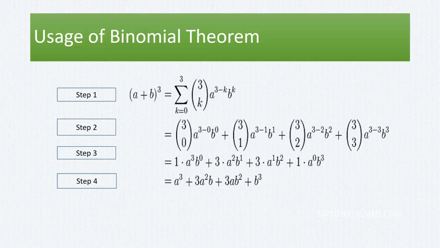Remember that if you want to get 3Ck, that means if you want to use nCr, you need to apply the formula that we discussed on the previous slide, the nCr formula, that is n factorial divided by n minus r factorial times r factorial.